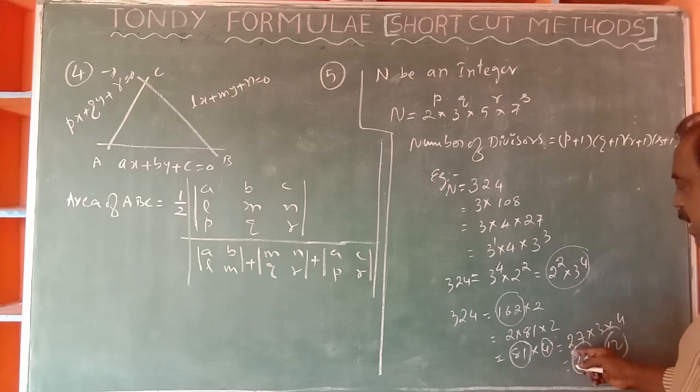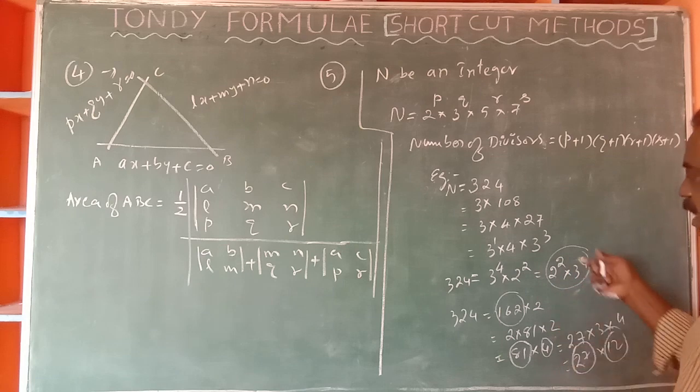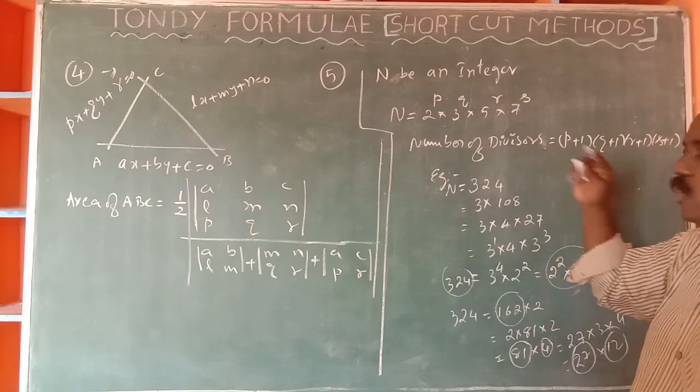Like this, how many different divisors are included in this number? That is the question.